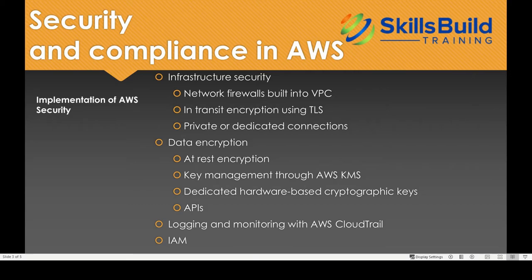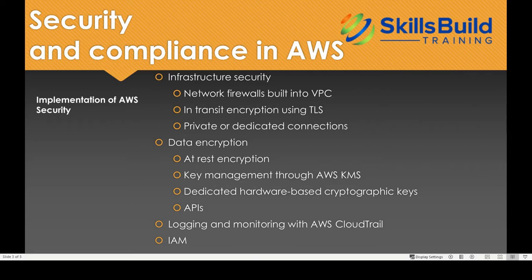And last example, we mentioned private or dedicated connections into your data center, but using AWS VPN solutions. Next example, we have data encryption. So at-rest encryption is available in various AWS solutions such as EBS, S3, Glacier, and RDS.